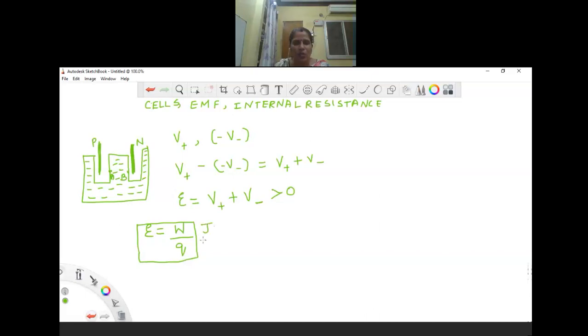Joule per coulomb, and its SI unit is volt. This is the unit of EMF, and the SI unit of EMF is volt.